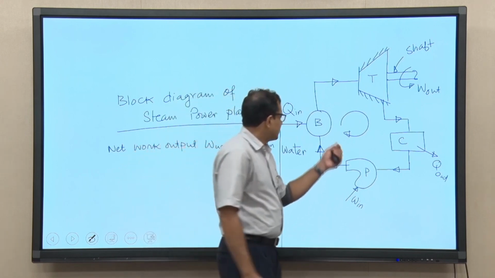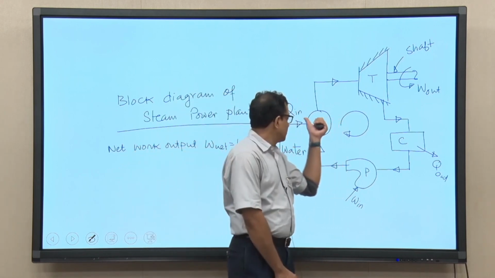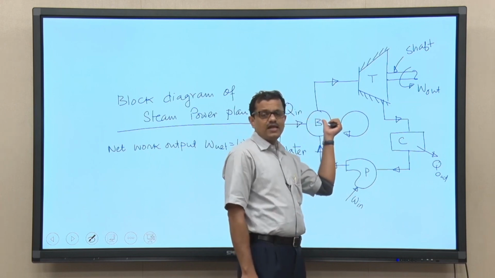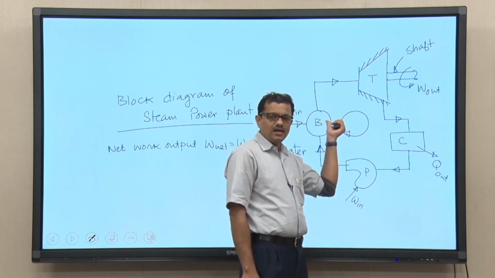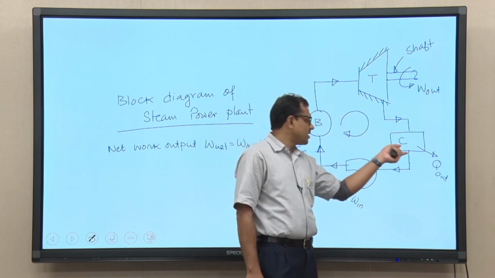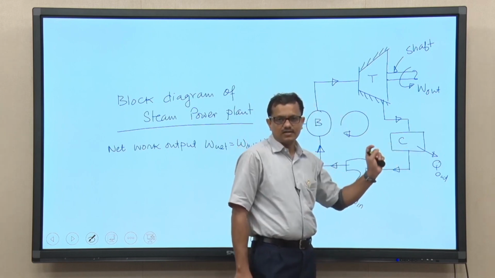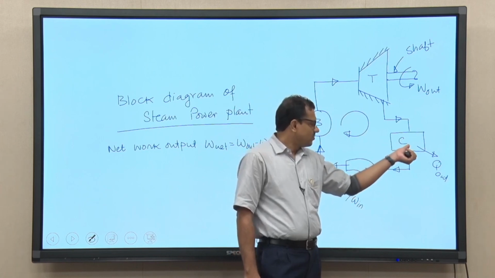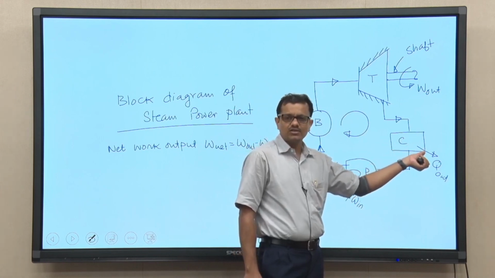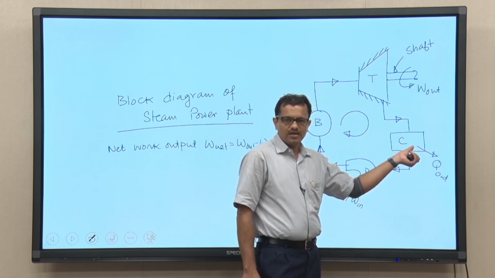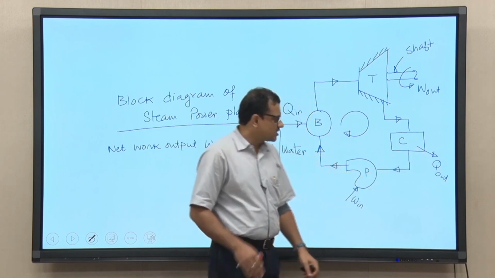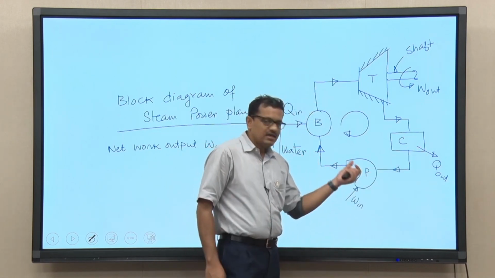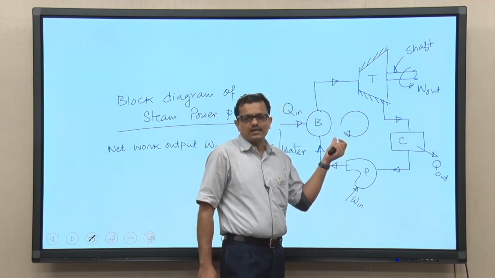So, you know that by burning coal we are supplying energy, and out of that energy part of the energy is again rejected to the surrounding, right. How this energy is getting rejected to the surrounding we will discuss, but what I need to discuss at this point is that it is something contradictory.